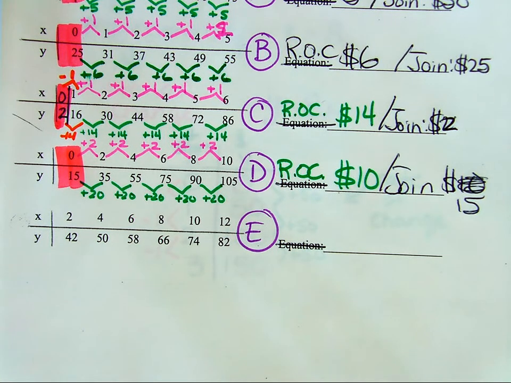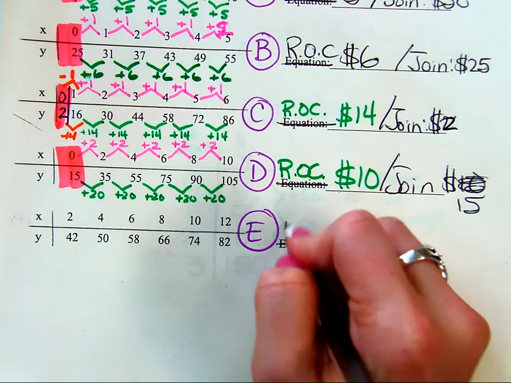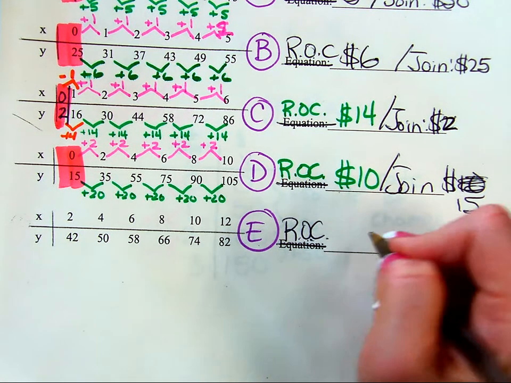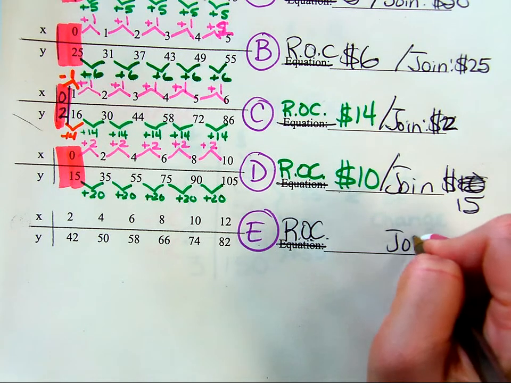Okay, this next one is super tricky, because it's not going by ones, and you can't see it. You can find it. You can't see it. So I want you to take a minute to see if you can find the rate of change and the fee that it costs to join.